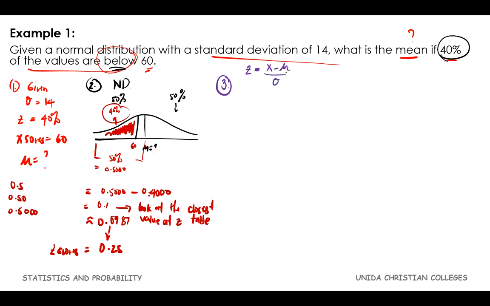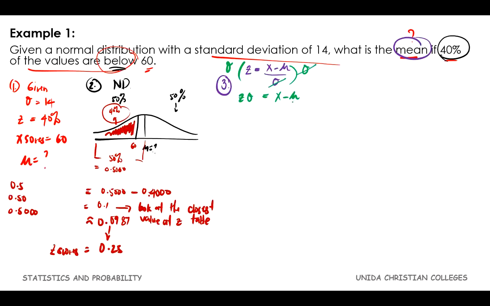So, kunin lang natin, kasi ang nawawala ay mean. Okay po, so i-derive lang natin si mean sa formula. So, ang gagawin natin, multiply both sides by sigma or standard deviation. So, z times standard deviation is equal to x minus mu, kasi ito makakancel.